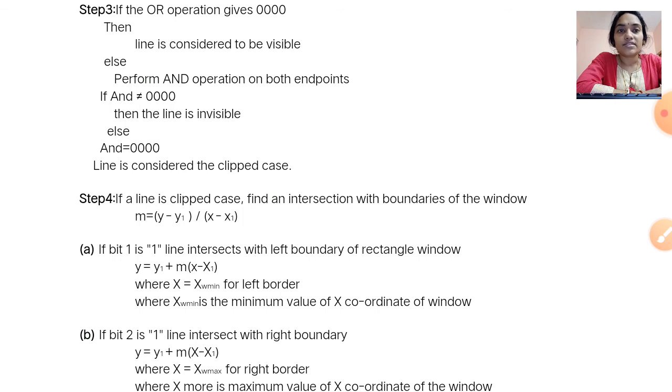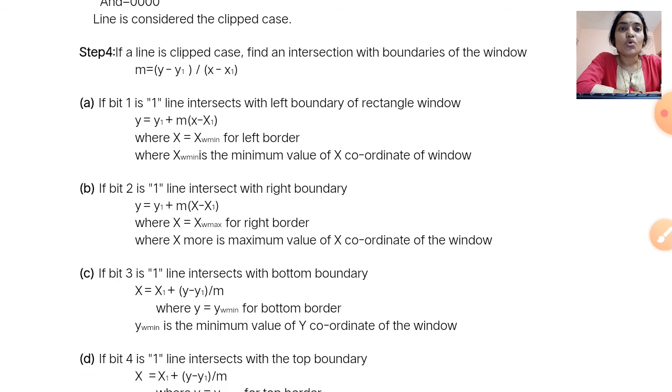That is the left side of the rectangle window, where x min is the minimum x coordinate of the window.